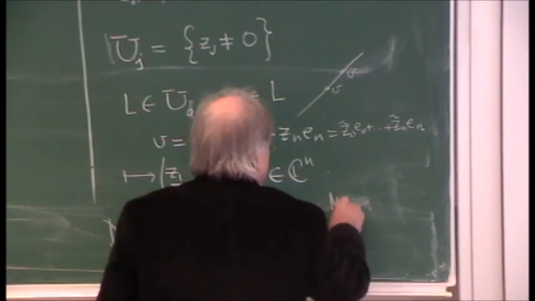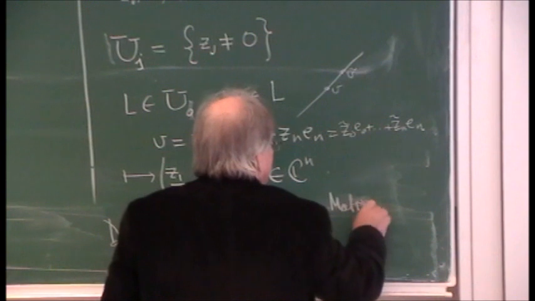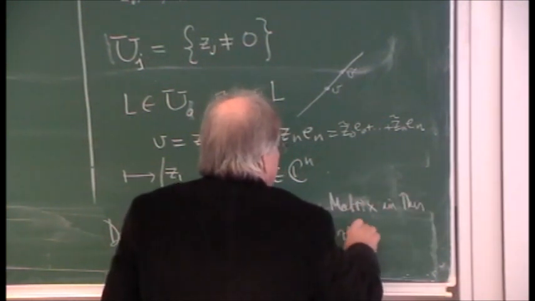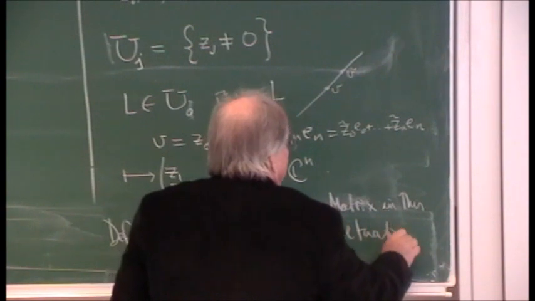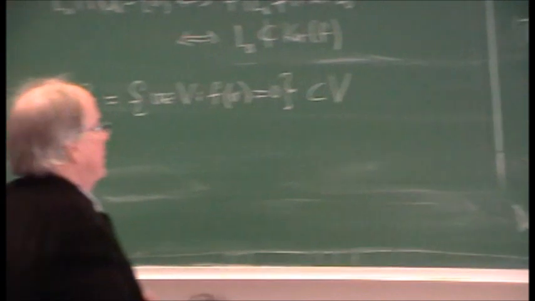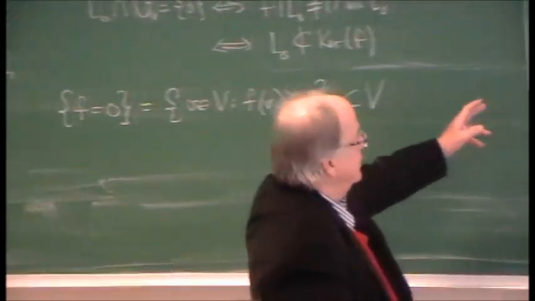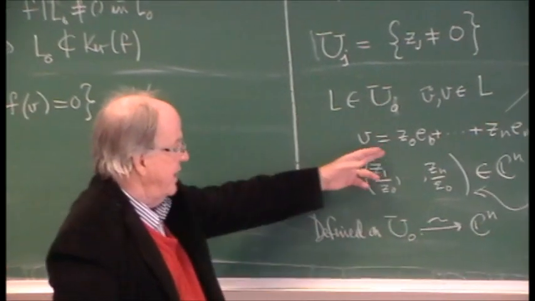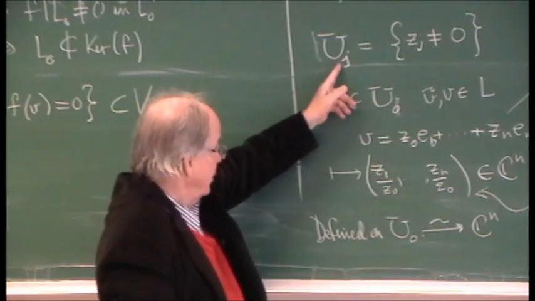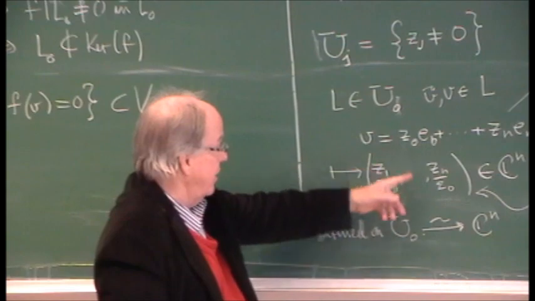This is the matrix in this degenerate situation. So the coordinatization, if you choose a basis, is given by dividing out where you're allowed to divide, namely on this open set, and you get a map.